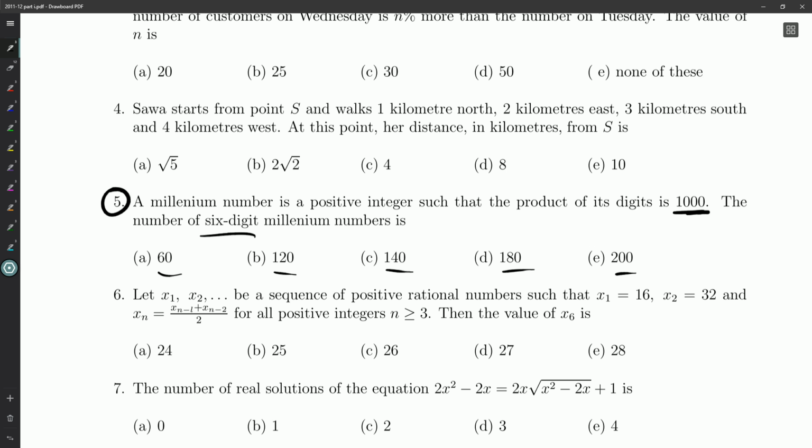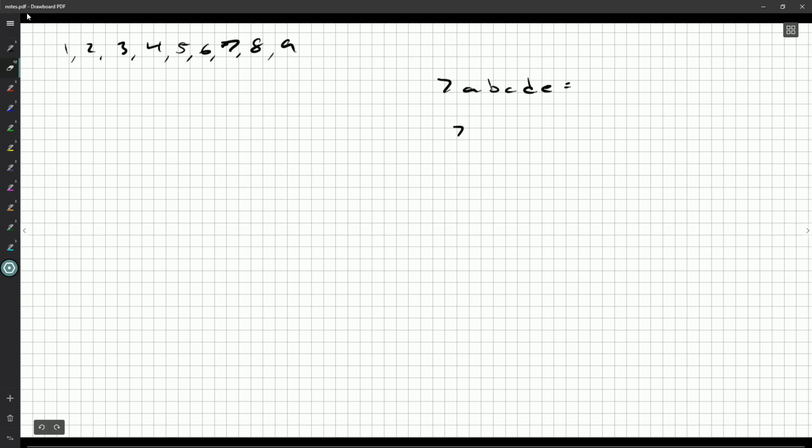Well, how do you make a product of 1000 using only digits? Now, digits have to be single numbers. So you have to use your ones, your twos, your threes, your fours, your fives. But think for a moment, am I going to use sevens or threes or nines? If I've got 7 and then a bunch of other digits, I multiply them all together, I've got a multiple of 7.